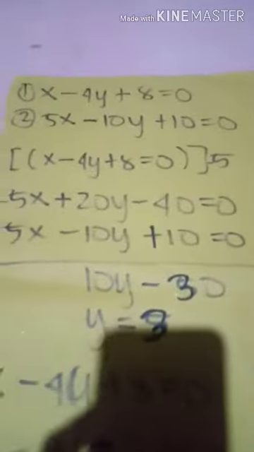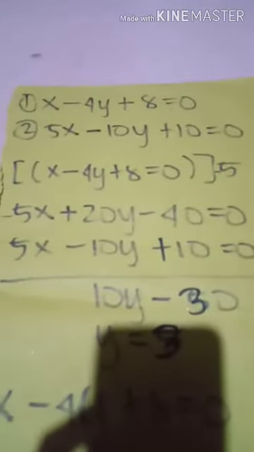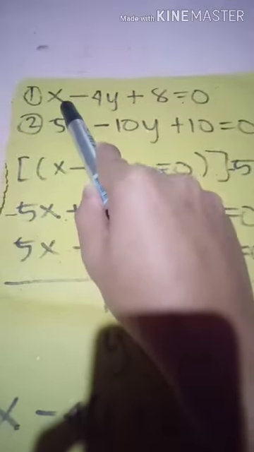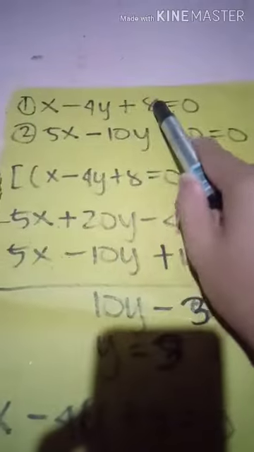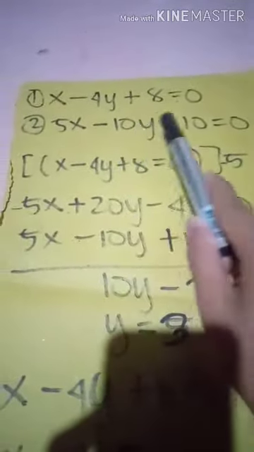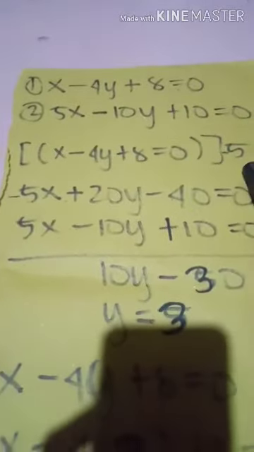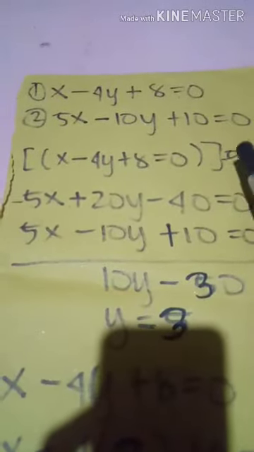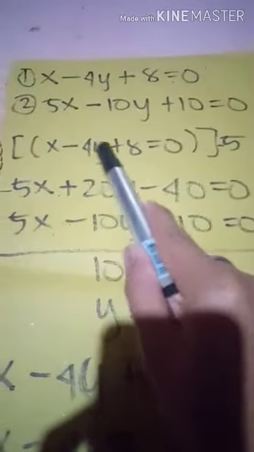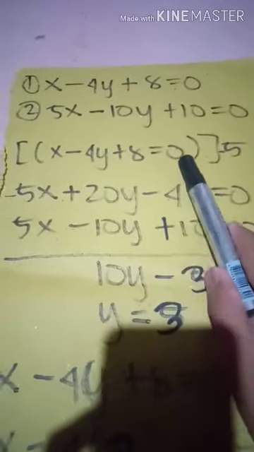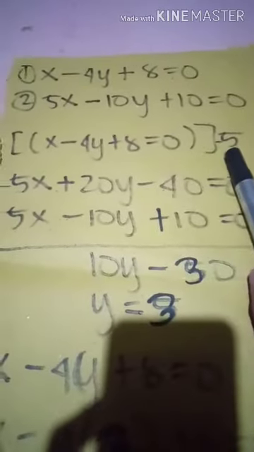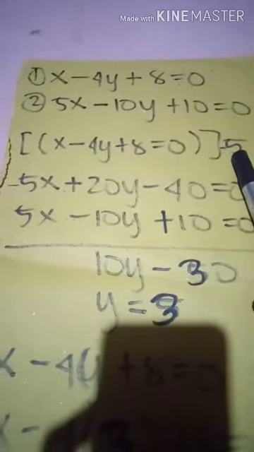Example number 2 for finding x and y. Again, equation 1 and equation 2. Equation 1 is x minus 4y plus 8 equals 0. Equation 2 is 5x minus 10y plus 10 equals 0. We look for a multiplier that cancels x. Since the x in equation 2 is 5x, we multiply equation 1 by negative 5.